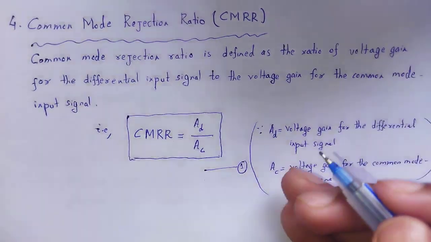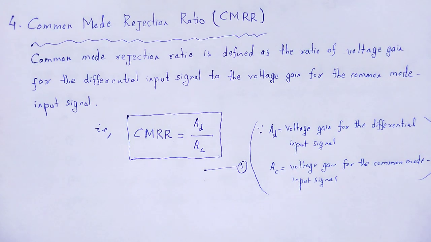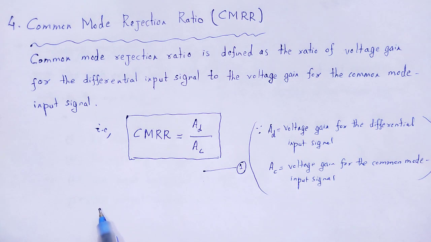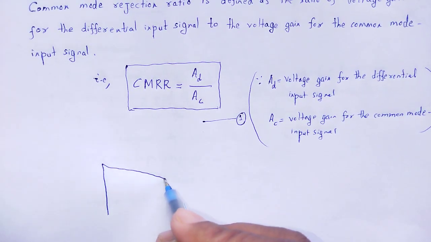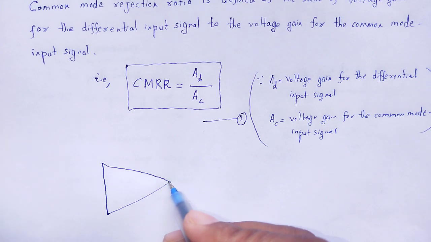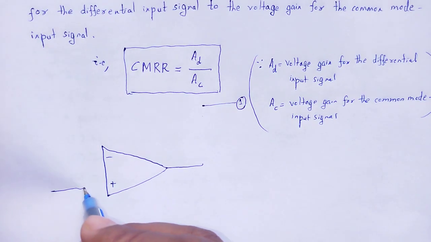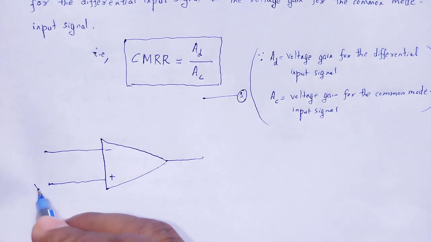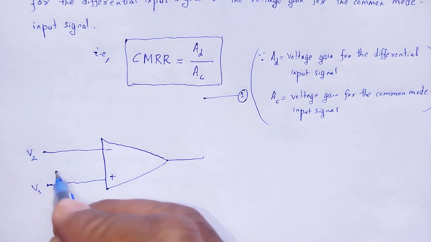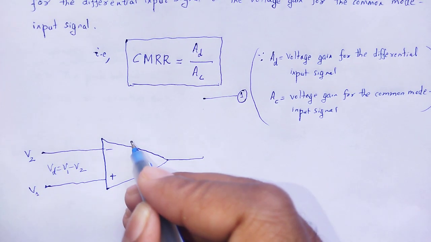Now, mathematically we can derive the CMRR for a particular op amp. We take an op amp. This is the non-inverting terminal, that one is the inverting terminal. The potential here is V1, and here V2. So the potential difference between these two is V1 minus V2.